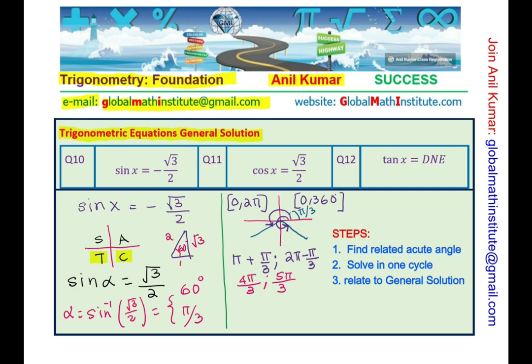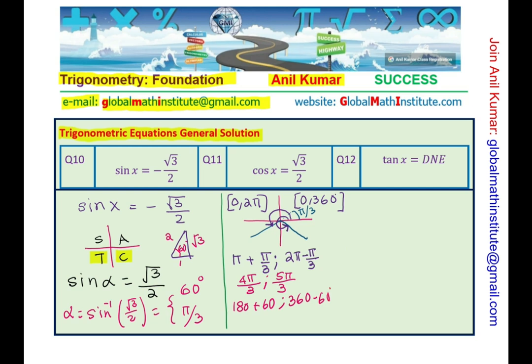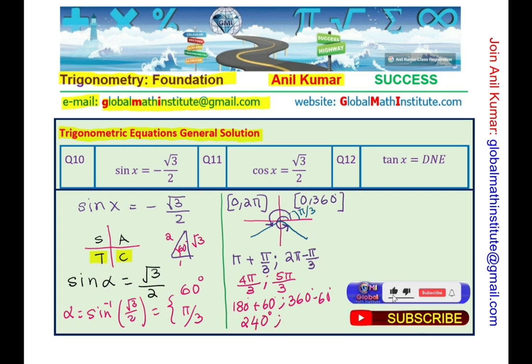Now, in degrees, you could have written it as 180 plus 60, or 360 minus 60. So that gives you 240 degrees and 300 degrees, right?